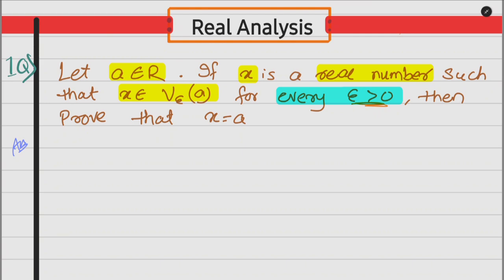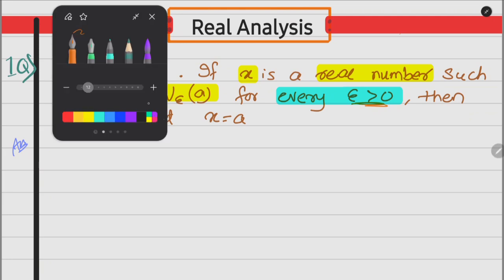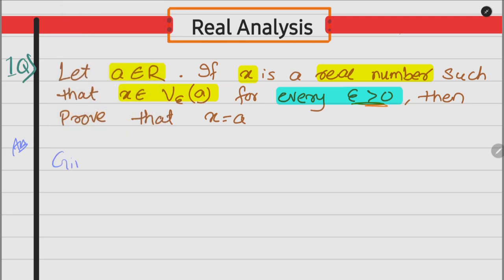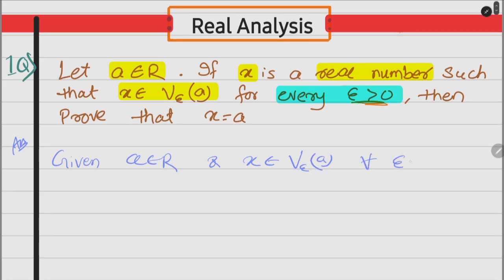Now we will write it according to the procedure. Okay, so given here, I will write, 1 minute, let me just, given: a belongs to R and x belongs to the epsilon neighborhood of a, that is V epsilon of a, for all epsilon greater than 0.